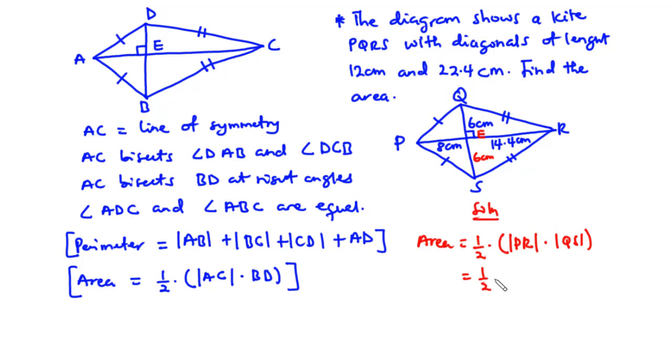So we have half times PR, which is 22.4, times 12. 2 goes into itself once, into 12 6 times. So literally we have 22.4 times 6. And then when you multiply, you are going to get 134.4 centimeter square. This is the area of this kite.